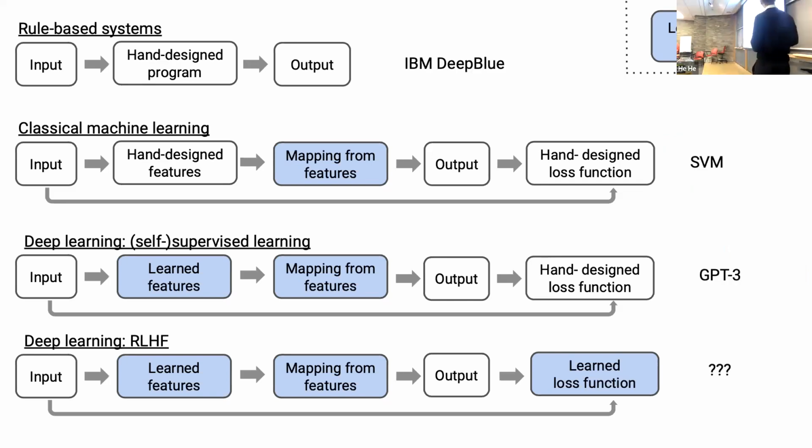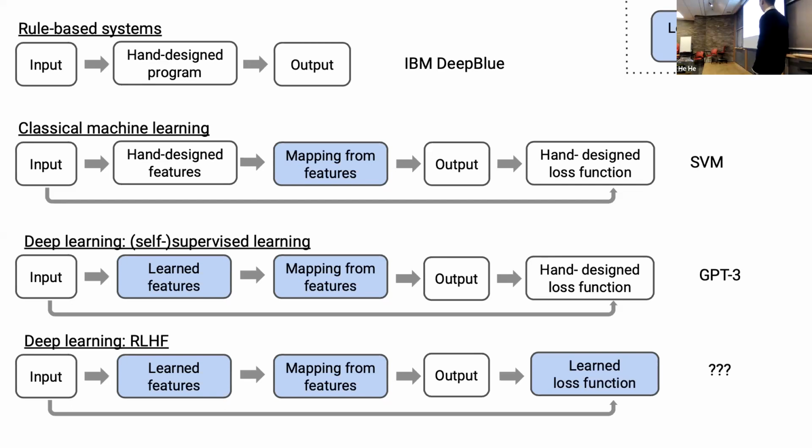We go from IBM Deep Blue, which was an expert system, and then SVMs. I don't know any notable example because this was before me, but let's say some SVM-based model was really popular at the time. And we go from that to GPT-3, one of the best self-supervised learning systems. Now, if this is enough of a paradigm shift, what can we get?